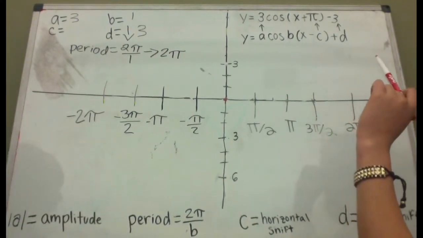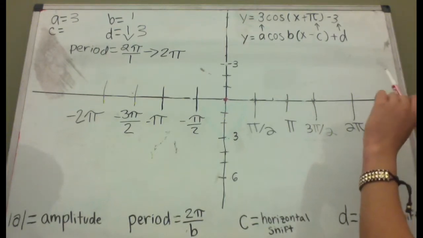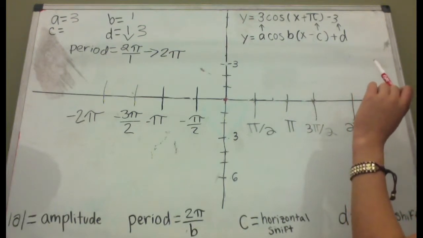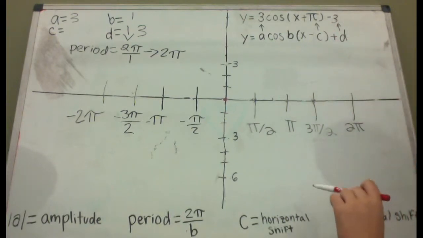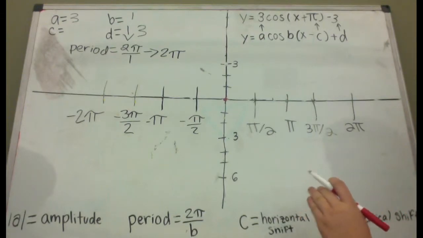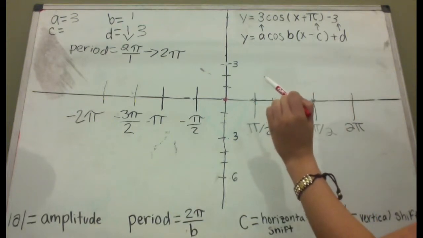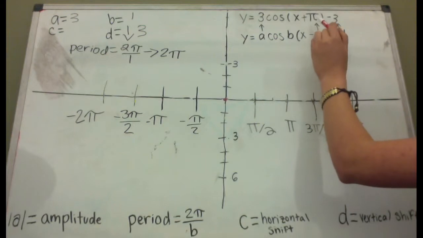So now that we've explained the period and how to label the period according to the graph, we need to go back to our variable c, or in this case, our horizontal shift. Now, since our variable c in this case is pi, what you have to remember for all sine, cosine, tangent functions, it applies to all of them, you're going to move the horizontal shift in the opposite direction of whatever sign is in front of your variable c.